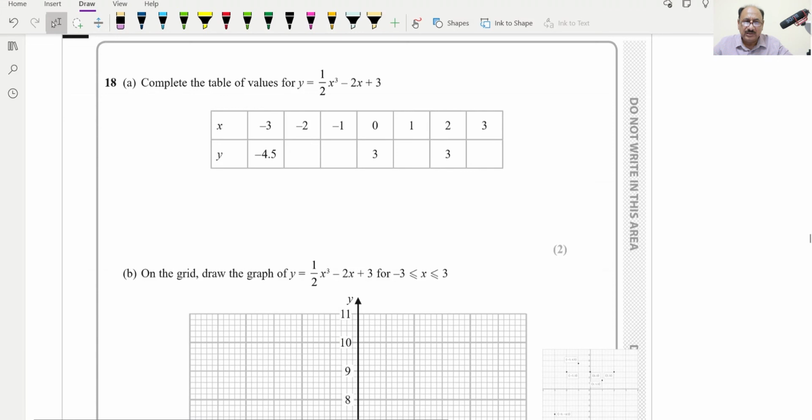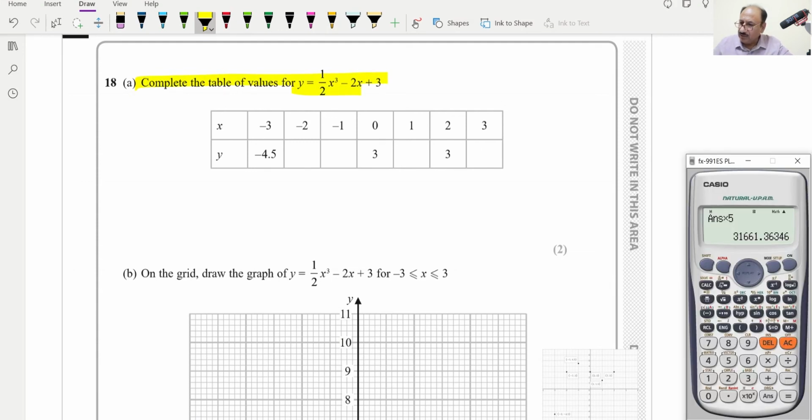Question number 18 is a graphs question, and the first part is to complete the table. Completing this table is very easy with the calculator. So we will be typing this equation first: 1 over 2, then x cubed, using alpha x and raised to the power 3, then minus 2x, and then plus 3.